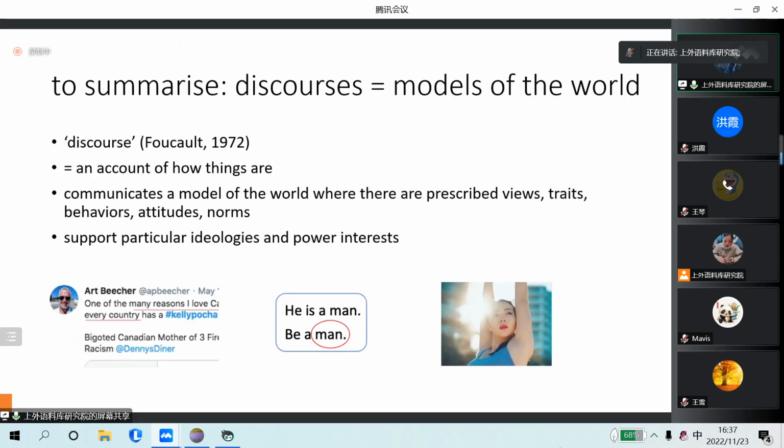Anyway, right. So to summarize, discourses are models of the world. Yeah, Foucault pointed out that it provides an account of how things are. And it communicates a model of the world where there are prescribed views, traits, behaviors, attitudes, and norms. And it supports particular ideologies and power interests.